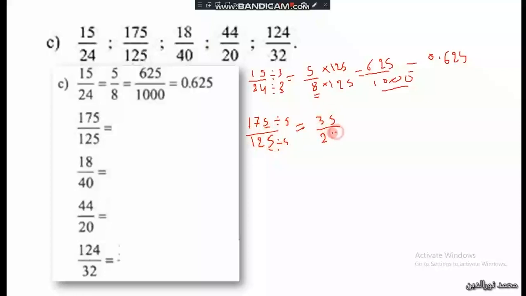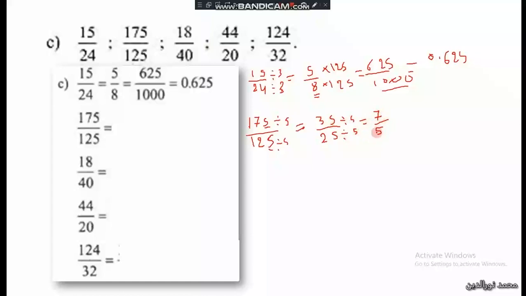And then we have to divide another time by 5, or we could multiply by 4, 25 times 4 to have 100. So let's divide by 5. So 35 divided by 5 is 7, and 25 divided by 5 is 5.